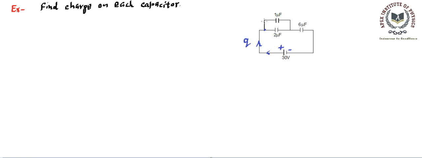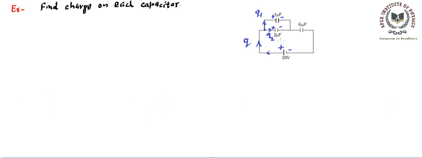So this charge will get divided into 2 branches, one upside and another on this side. We will assume the charge moving upside is Q1, and the charge moving in this one is Q2. We also know that if the charge is coming in, that becomes the positive plate of the capacitor, and this becomes the negative plate. So this is also going to be positive, and this is also going to be negative.